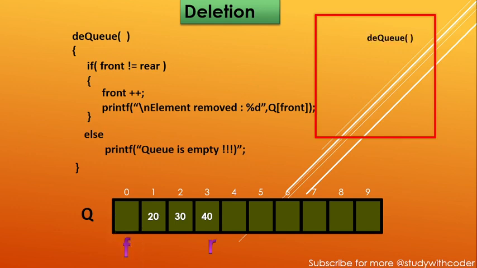Dequeue will delete the front element, and then front plus plus. When we call the dequeue function 4 times, all the elements are removed, and the next, 5th time when the dequeue function is called, it will say the queue is empty.